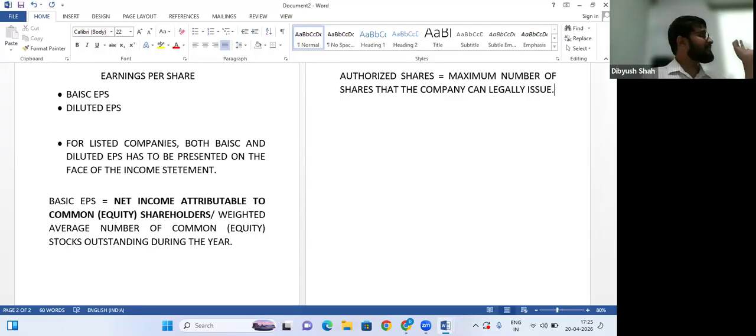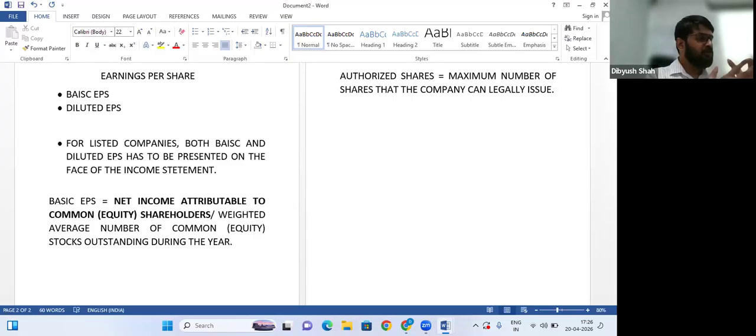You have taken this much permission, you can issue this many shares. Nobody can stop you. Does this mean the company cannot issue more shares than this? No. The company can issue more shares, but they will have to amend their MOA and get approval again from shareholders.